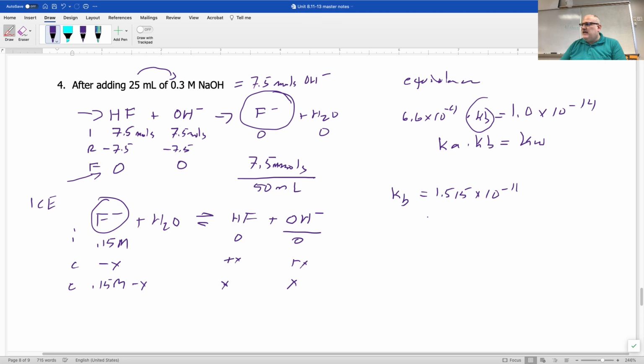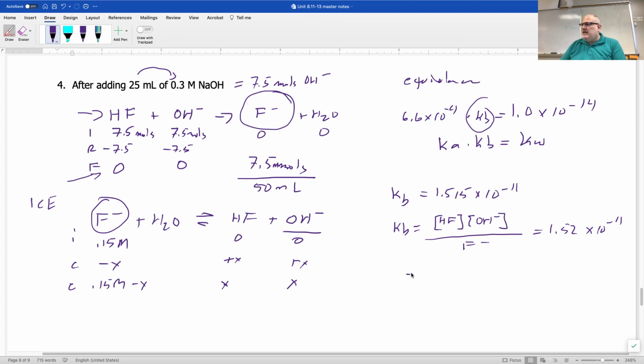Now that is important, because when we do our Kb expression, and this is our law of mass action, it's going to be equal to HF concentration multiplied by our OH minus concentration all over our F minus. And that's going to be equal to, let's call it, 1.52 times 10 to the negative 11.